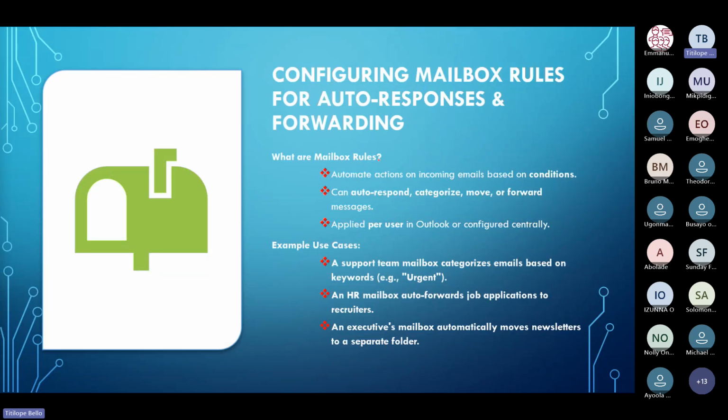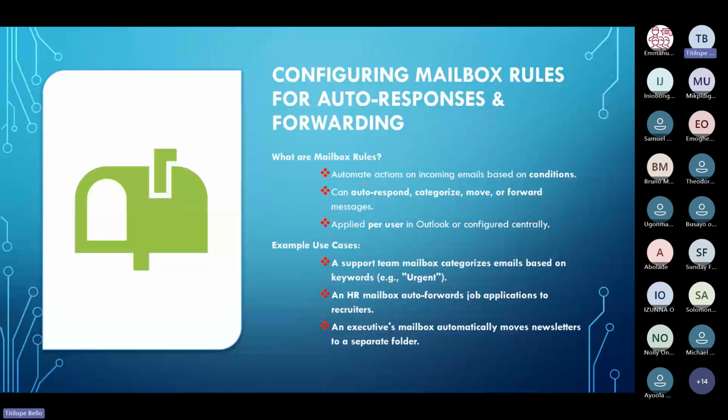Another thing, like I said in the previous email, a user can decide to create a forwarding rule for themselves, or an administrator can decide to enable the forwarding or configure the auto response from the backend. So now you can create a rule to either forward or send an automatic response for the user.